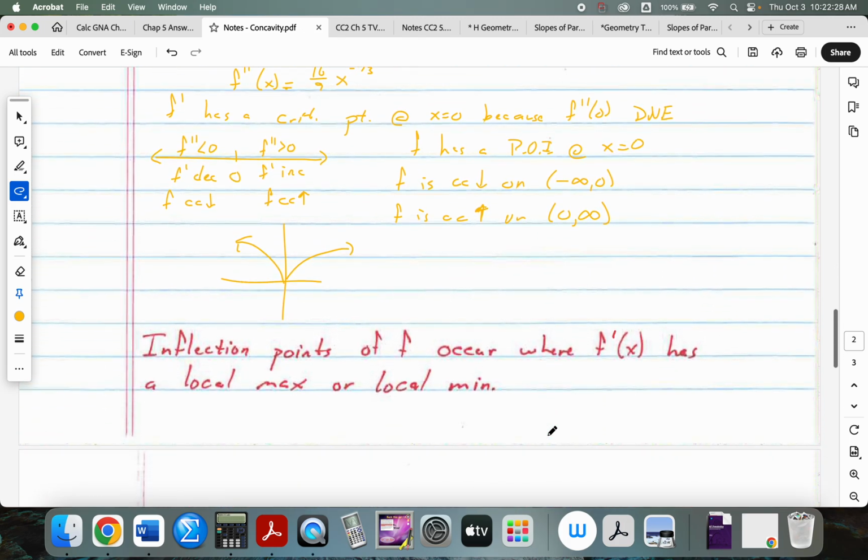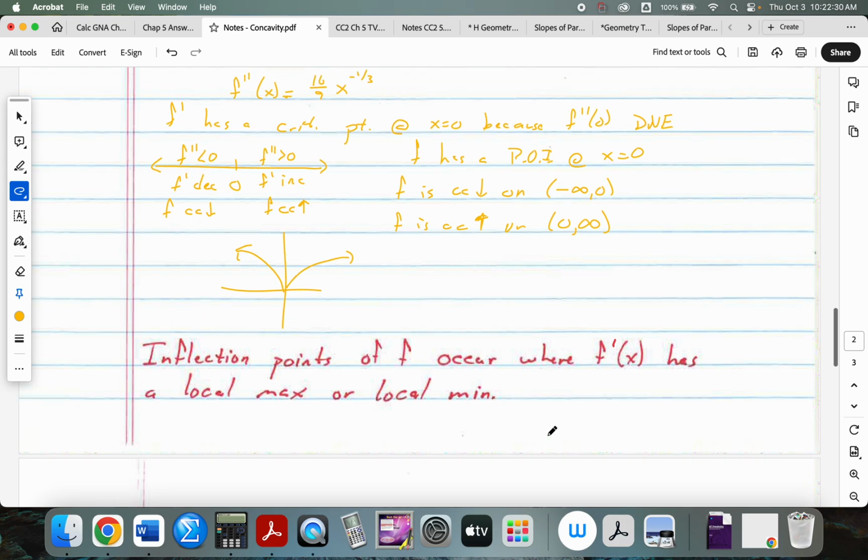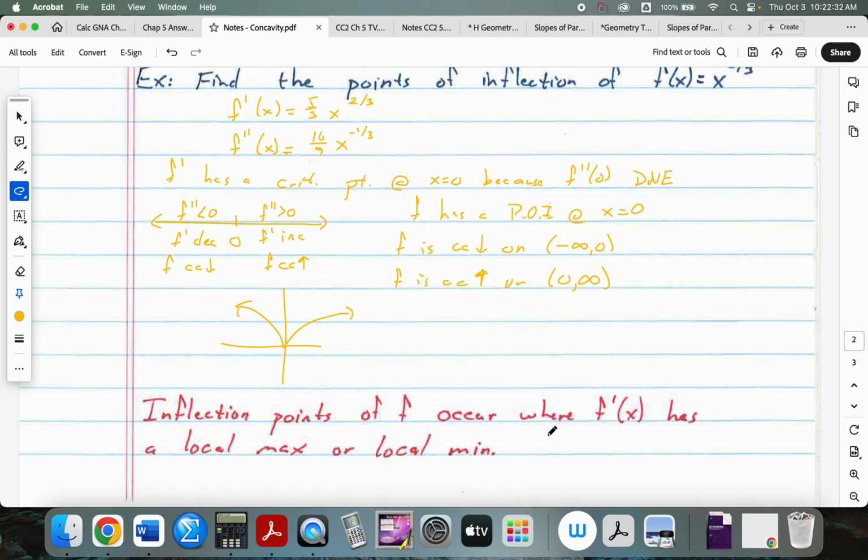Now, an interesting point. Inflection points of f occur where f prime has either a local maximum or a local minimum. Let's look at that right here. At 0, f prime went from decreasing to increasing.